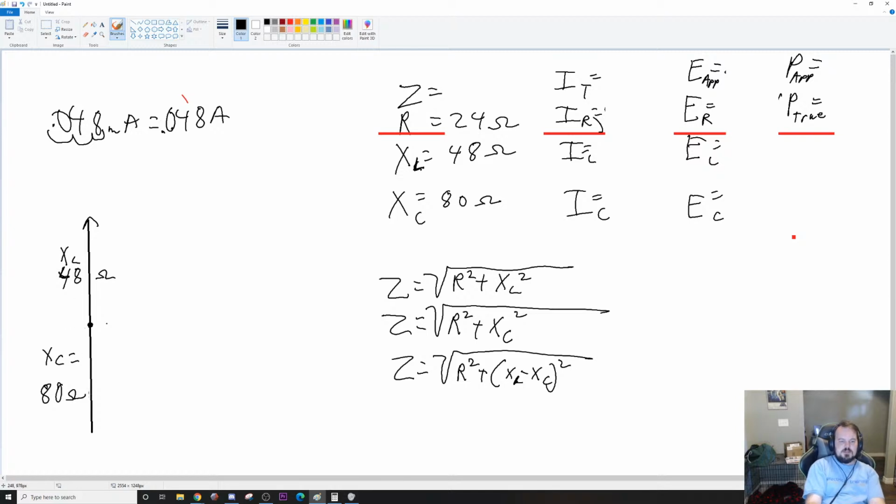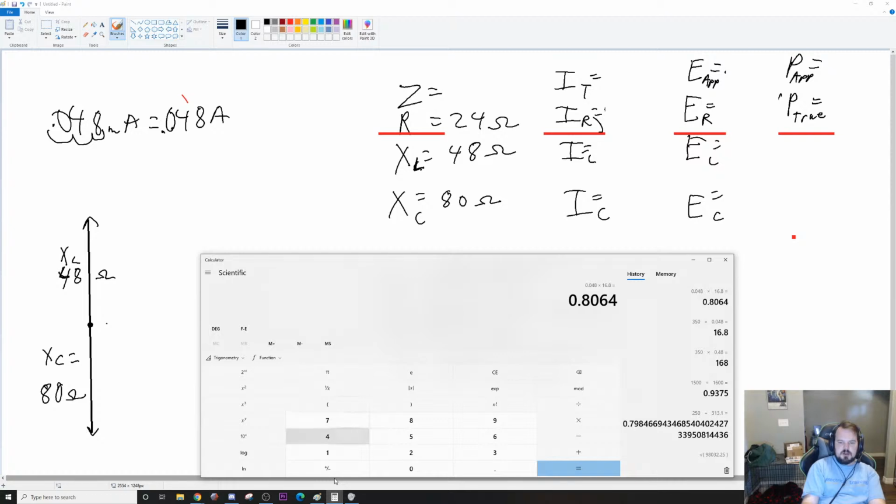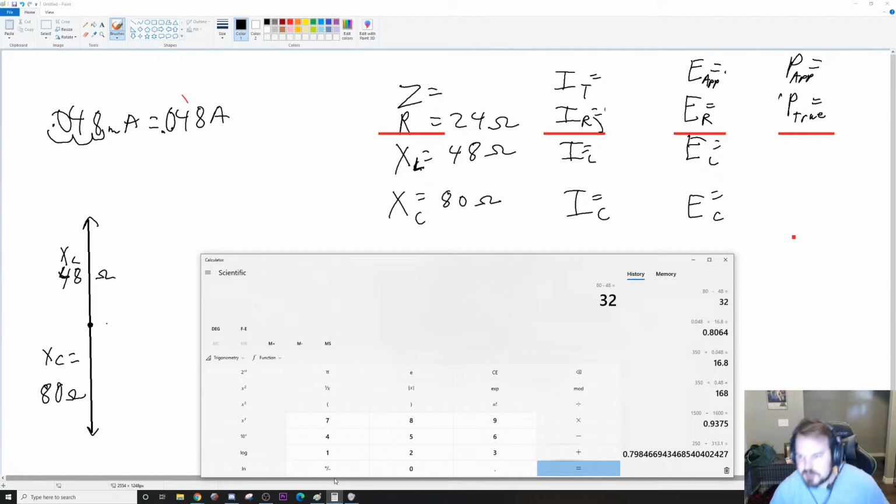You subtract them and you get a vector. Let's just do that real quick. It doesn't matter which one you subtract from the other, because you are squaring it. I usually just subtract the smaller from the bigger, so I actually have a positive number.